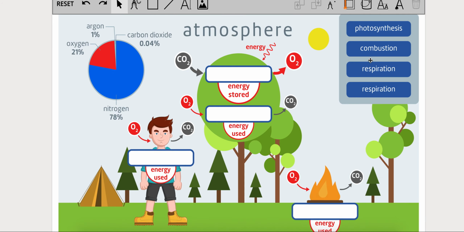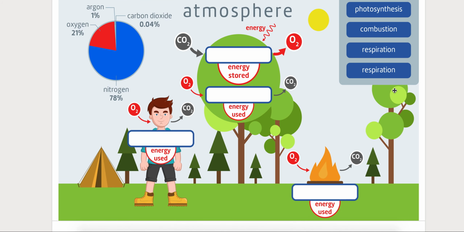So, we have 4 options on the side here: photosynthesis, combustion, respiration, and respiration. Now, as a plant, we know it can photosynthesize. So remember, look at what is being reacted and what is being produced. So what do you start with? What do you end with?